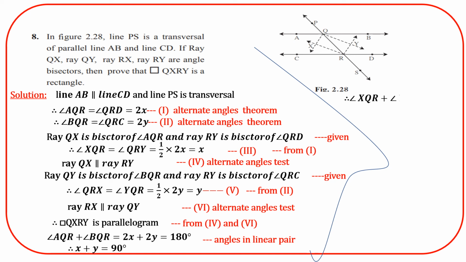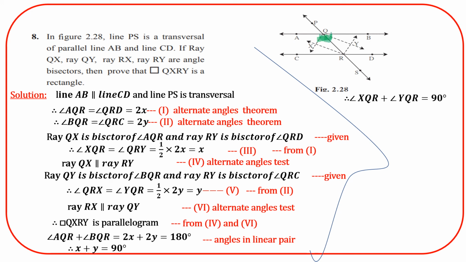Angle XQR plus angle YQR is equal to 90 degrees. XQR means this angle plus angle YQR means this angle.